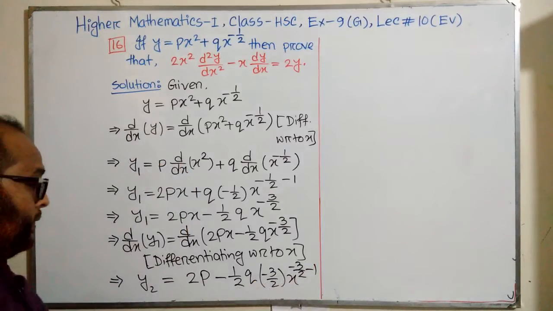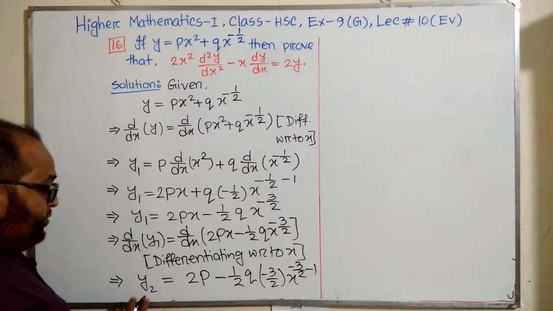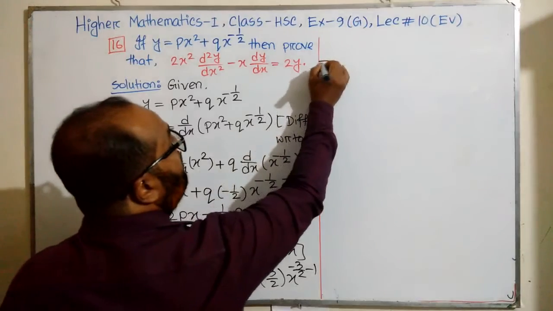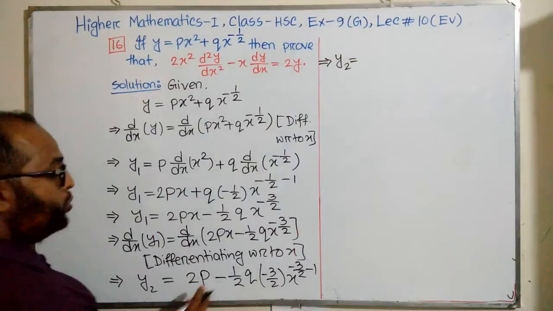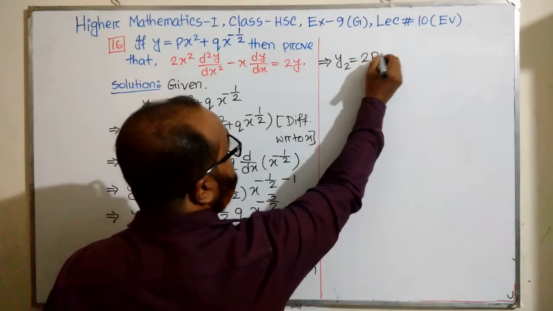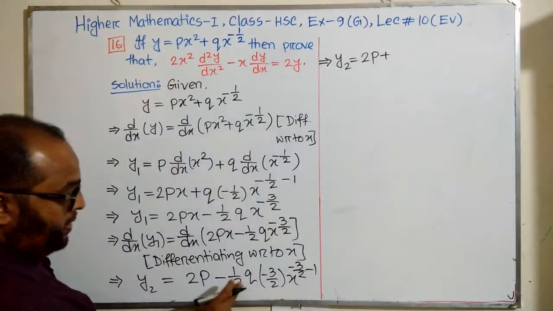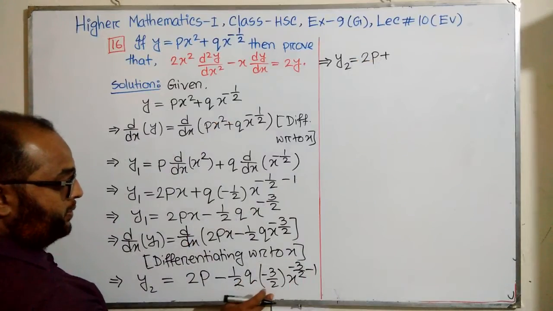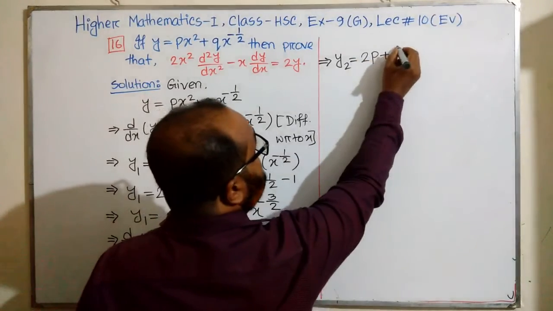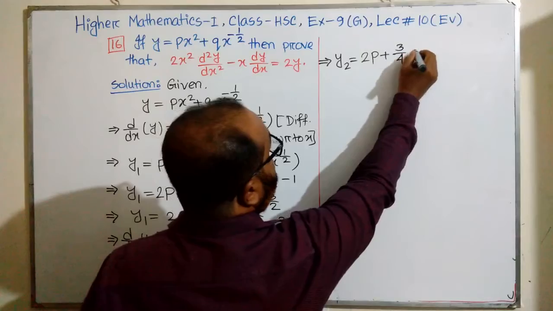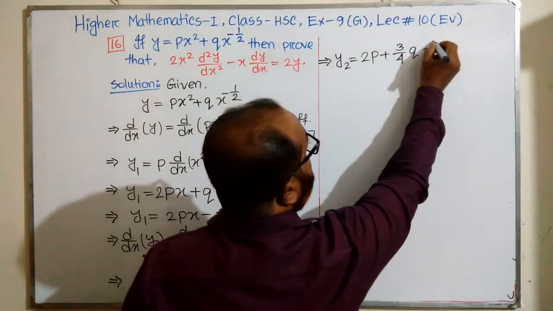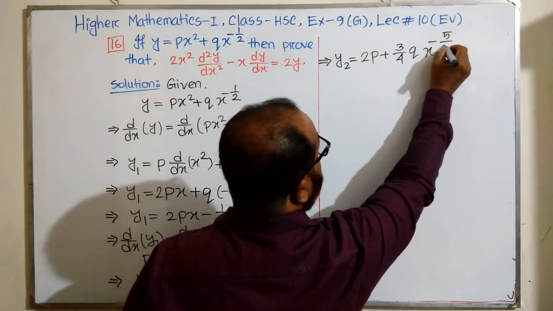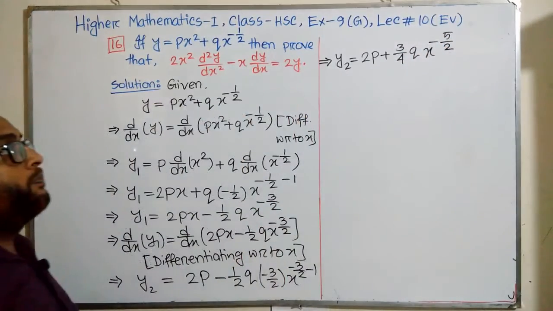So we can write from this line y2, this equal 2p plus, if we multiply this, we can write 3 by 4 q x power minus 5 by 2.